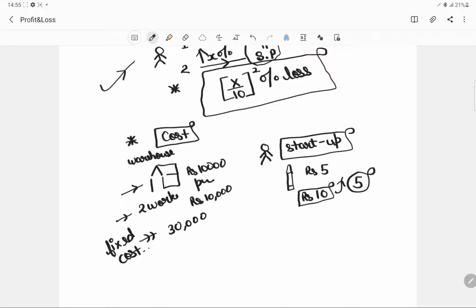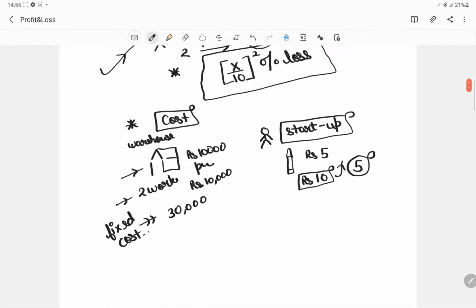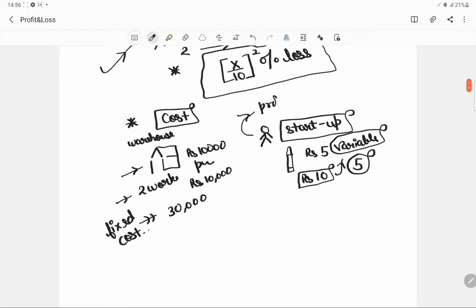This is referred to as a variable cost, because it depends upon the number of pencils that I end up selling in this month.